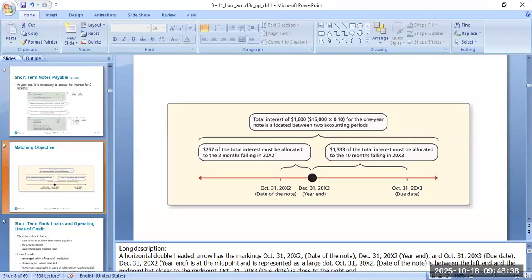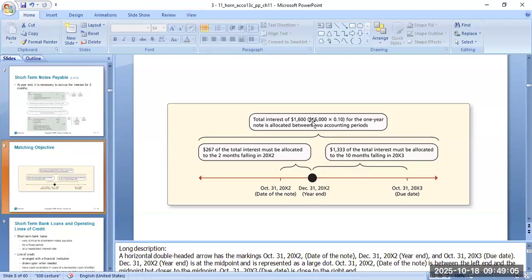And what we're going to do is calculate the portion which is related to the months that already expired up to the year end. We're going to show on the financial statements our obligation for the interest that we owe for the note payable that we have to pay on October 31st next year.